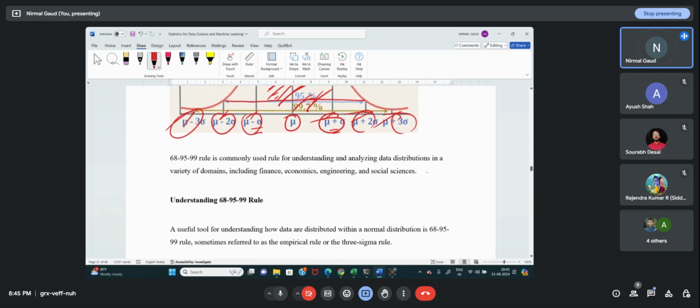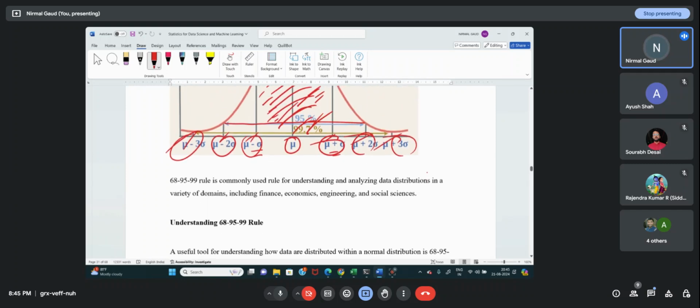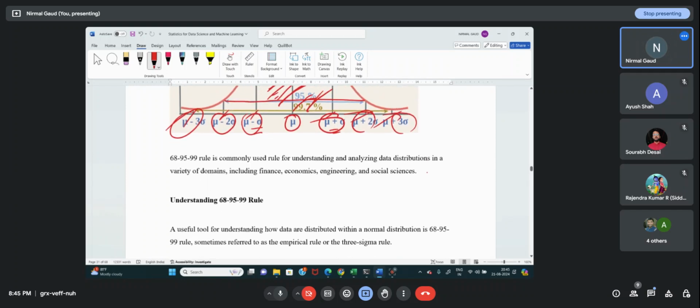Okay, so it implies the understanding and analyzing of data distribution. So we are totally focused upon the distribution of the data. We have nu and sigma only, so to speak. These are the terms we are available with. So how can you mathematically make someone understand how data is present in the distribution?